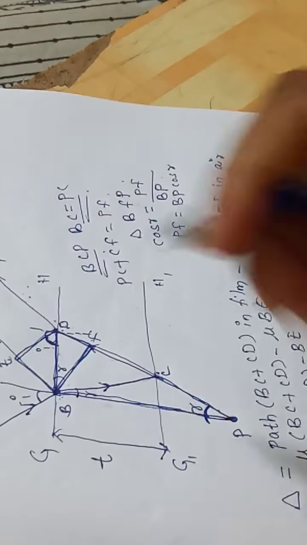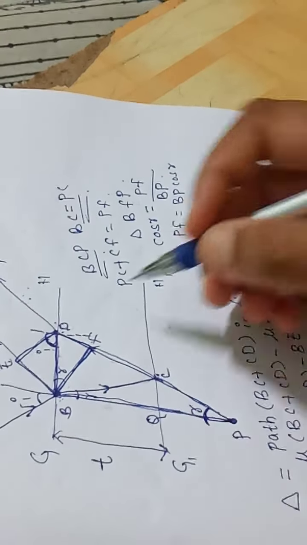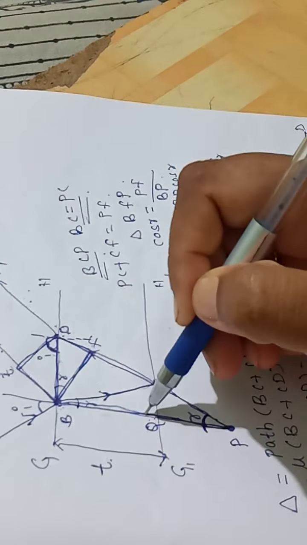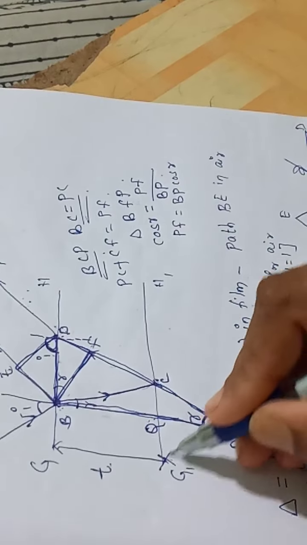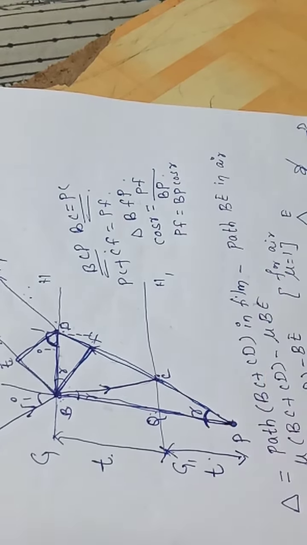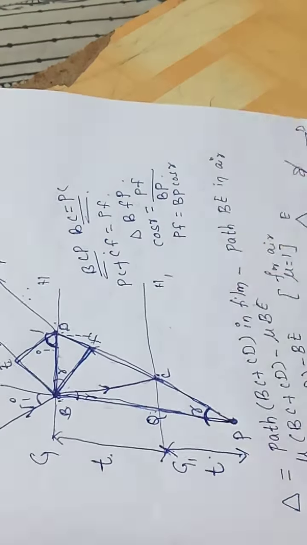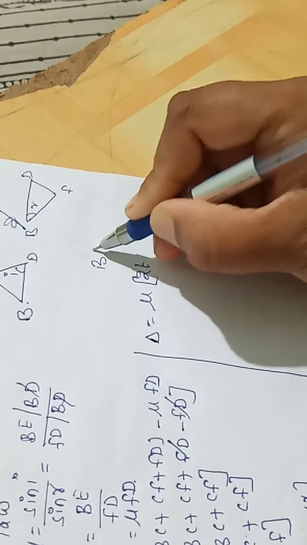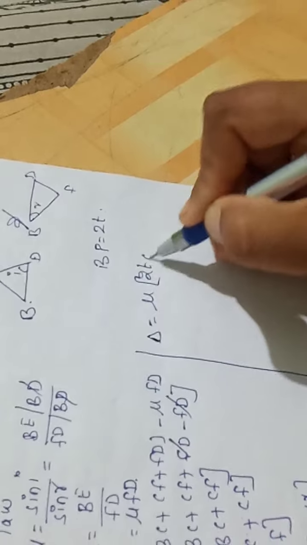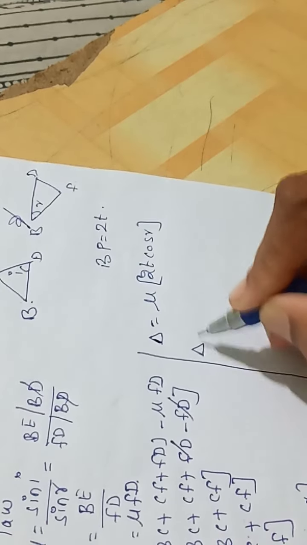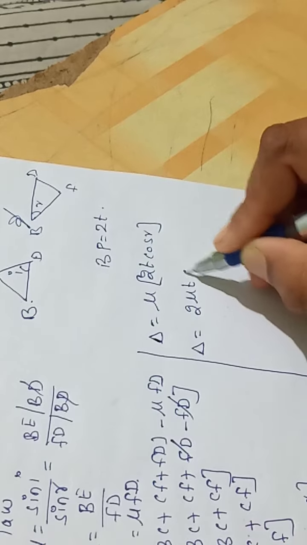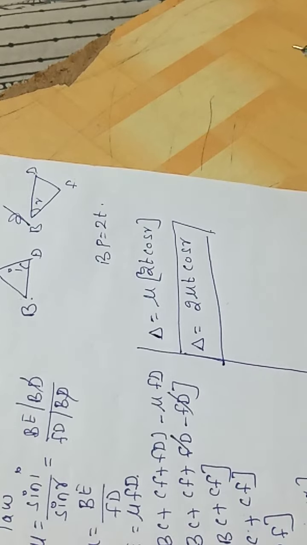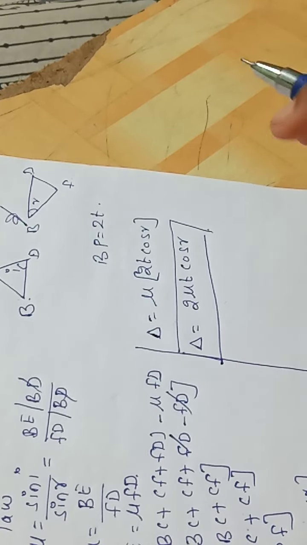Let us think of this point as Q. BQ equals T. We extended the same BQ up to P, so this distance also becomes T. So BP becomes 2T, T plus T. So BP becomes 2T cos R. So delta equals 2 mu T cos R, which is the cosine law for interference in reflected light.